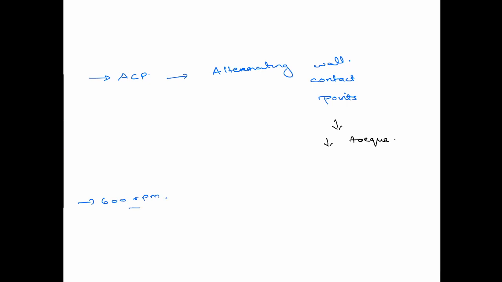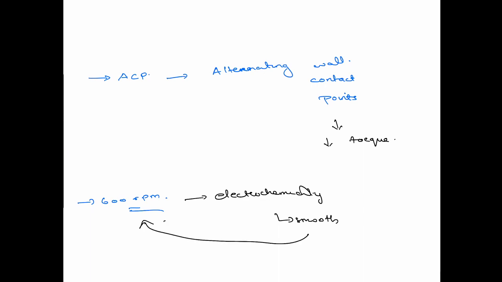Why is it 600 rpm? Here they smoothened the surface. They electrochemically treated the file after manufacturing, so it becomes more smooth, and smooth surface means less friction. So they can use a larger speed because it won't break.